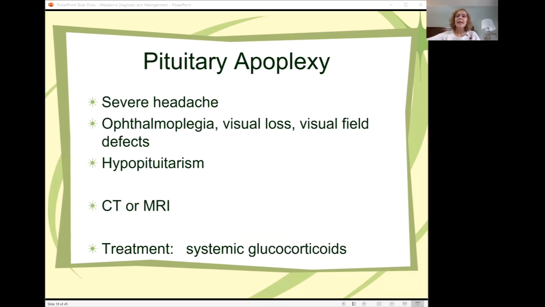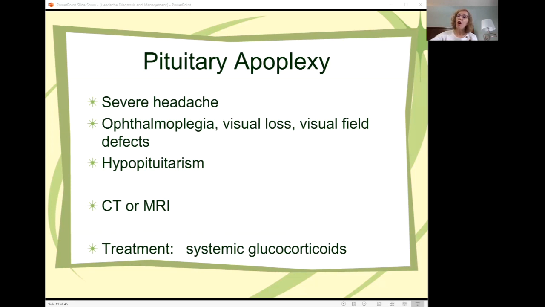Pituitary apoplexy is acute ischemia or hemorrhage of a pituitary gland that occurs with pituitary adenomas. However, you can't rely on the fact that the patient knows that they have a pituitary tumor to rule this out. Pituitary tumors are often asymptomatic, so the patient may not be aware that they have a tumor until after the apoplexy event.